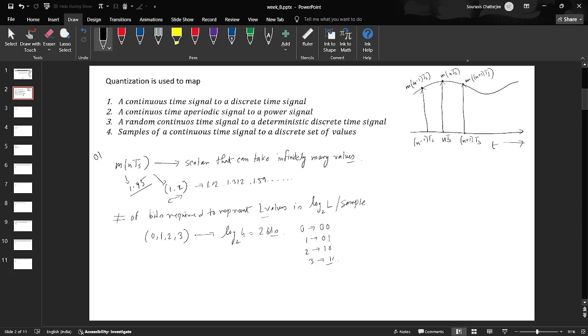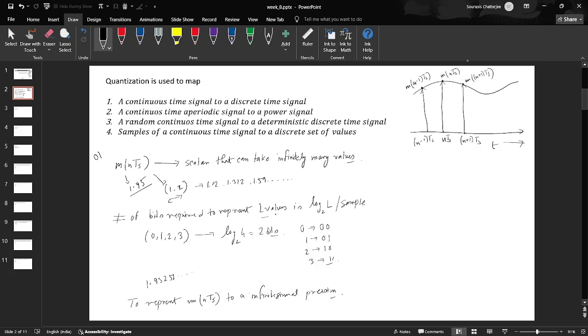So if I go by this rule to represent the sample to infinitesimal precision, what I mean is, if it takes a value, let's say 1.95237 or something like that, I need to store it exactly.